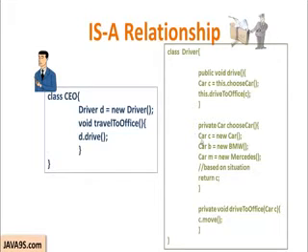I'm creating three instances of cars: Car c is equal to new Car, new BMW, new Mercedes. You can see that all these objects are referenced by a Car type reference. This is a very important concept: a superclass reference is referring to subtype objects.